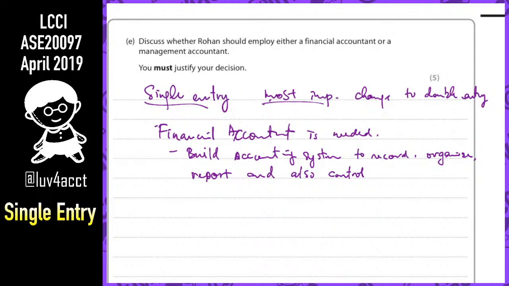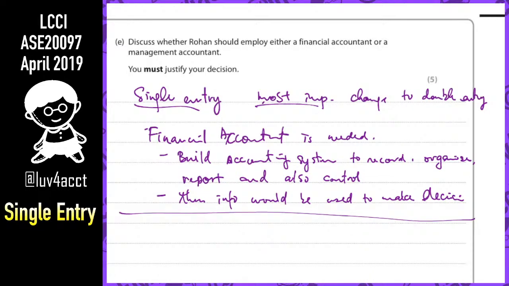Okay, so this financial accountant will help you do this. And this information would be used to make decisions. And then you can also mention a management accountant, only when such information is available.